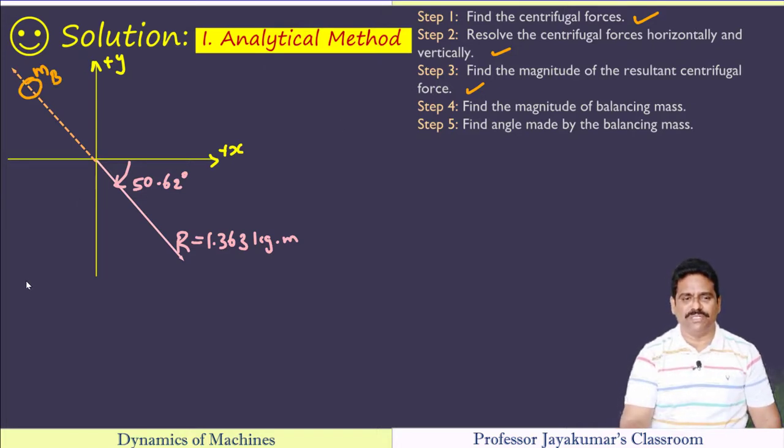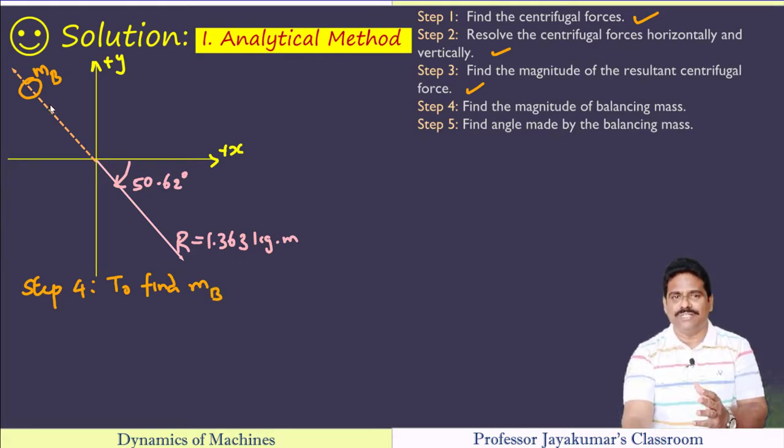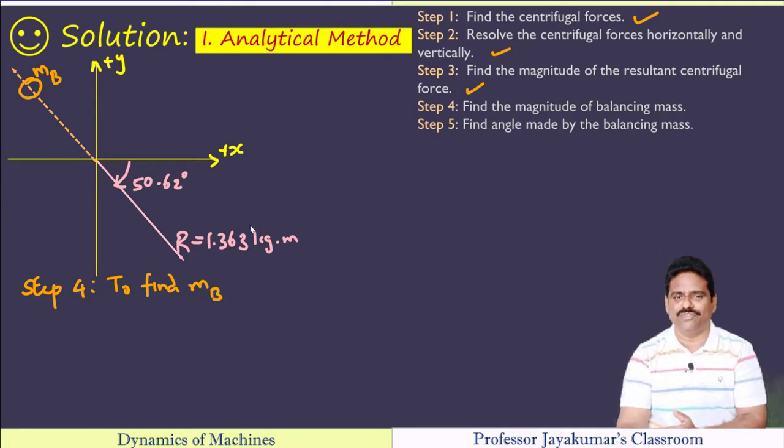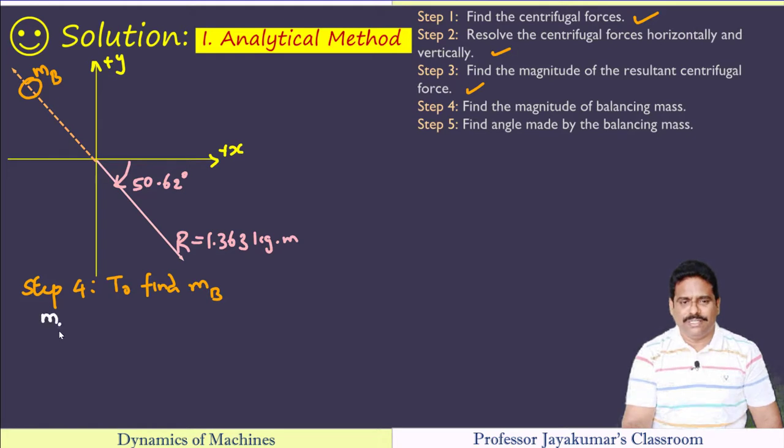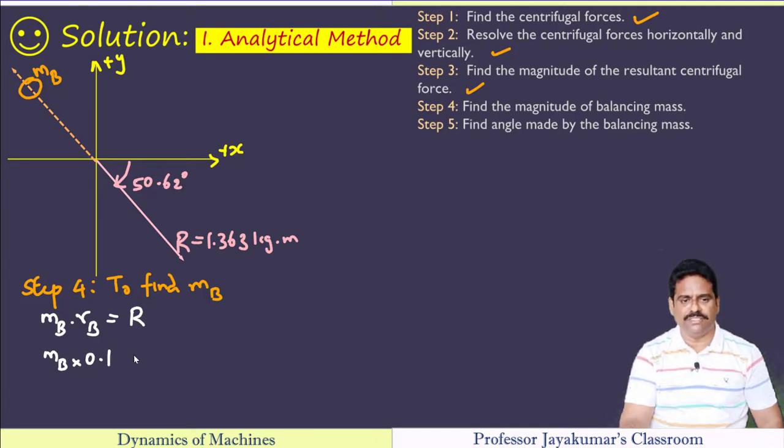So step number 4, to find MB. We know that the centrifugal force created due to the balancing mass must be equal to the resultant force, or in other words, MB times RB must be equal to the resultant force obtained. So MB we need to determine, RB is given in our problem as 0.1 meter, and the resultant we just found.